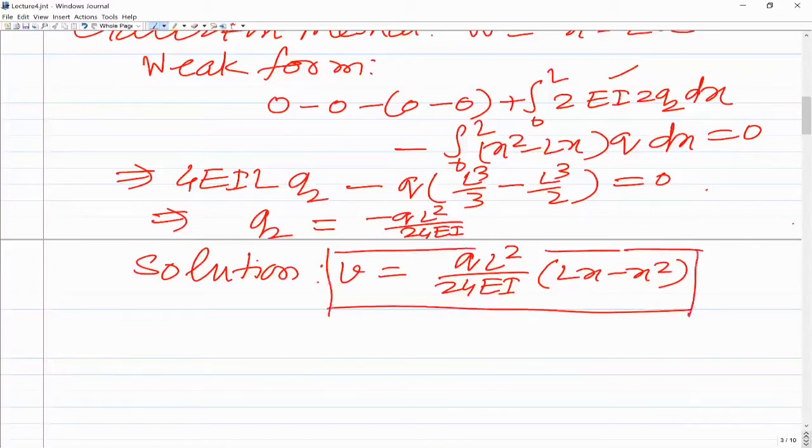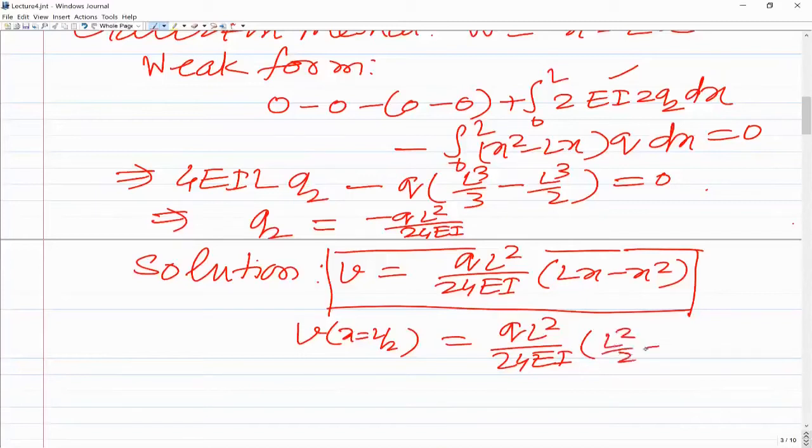And you can actually calculate, for example, the maximum deflection, which would be at the center. If you look at v at x equal to L by 2, you get ql square upon 24 EI, and then the first term would be L square by 2, with x equal to L by 2, minus L square by 4.